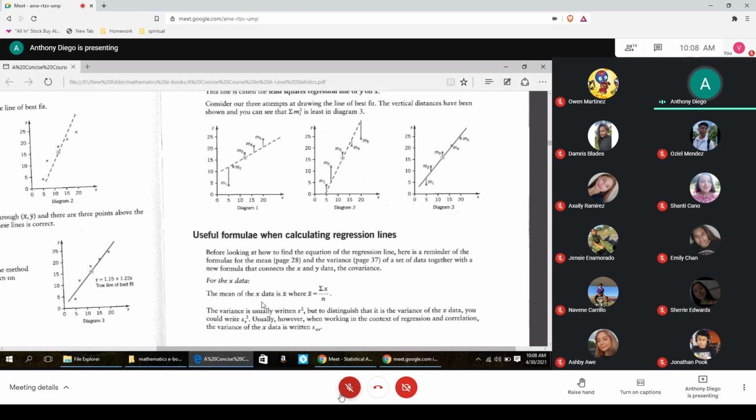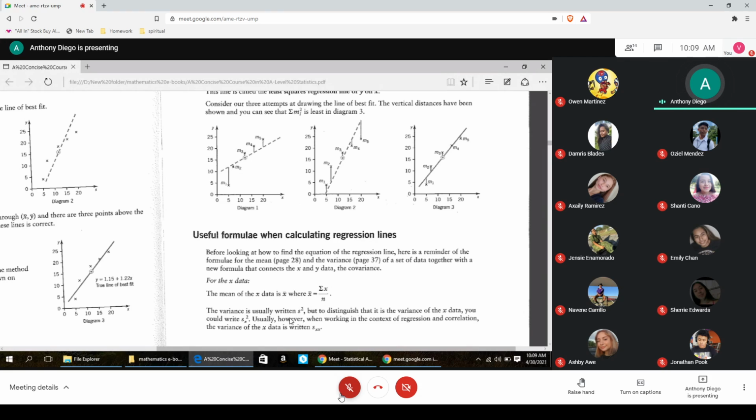When we were looking at standard deviation, we said that the standard deviation is the square root of the summation of x squared over n minus the mean squared, x bar squared. And that the variance, which we write as s squared, is equal to what is under the root sign for standard deviation, which is the summation of x squared over n minus x bar squared. We have looked at all of that.